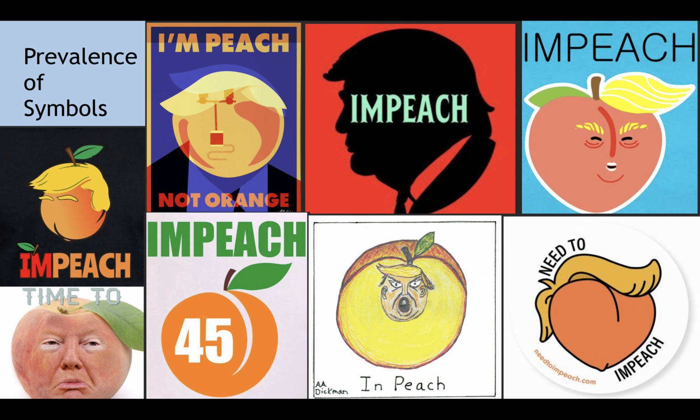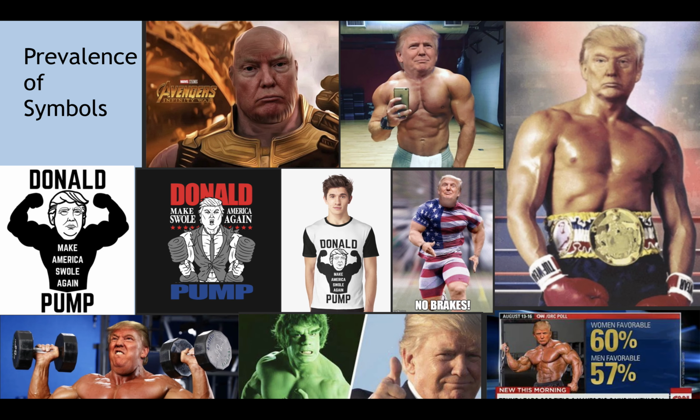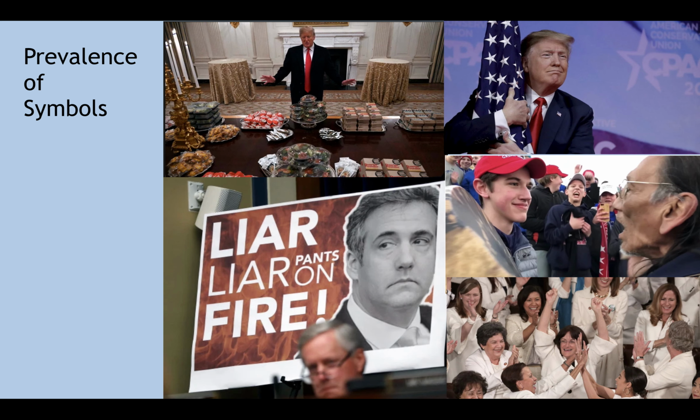For the presidential impeachment, or the push for impeachment, there are a lot of takes on the peach symbol, a variety of ones. This is from the idea of the president being swole. Again, just symbols, memes, photoshopped images, and finally more conventional ones, a little bit less comical, more straight up.